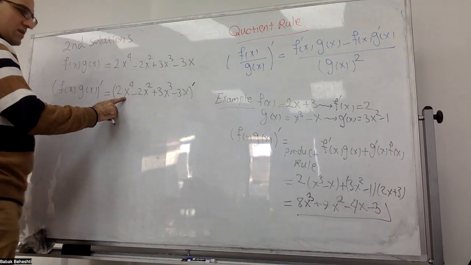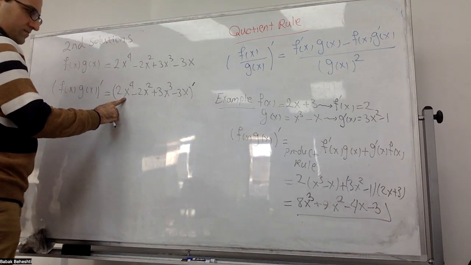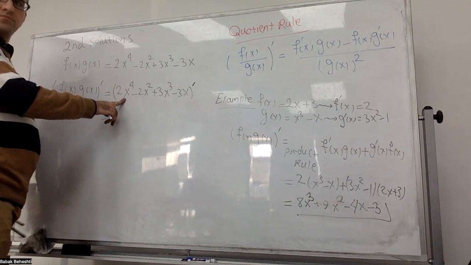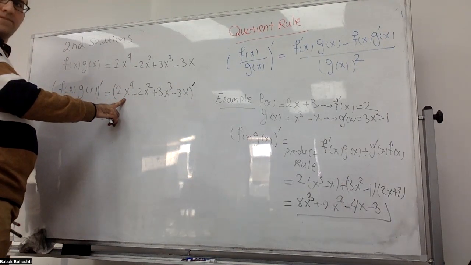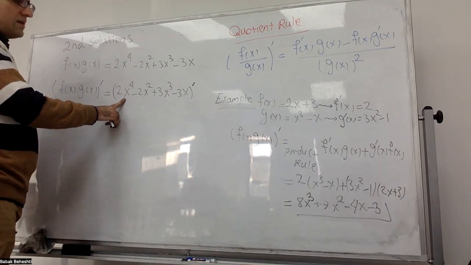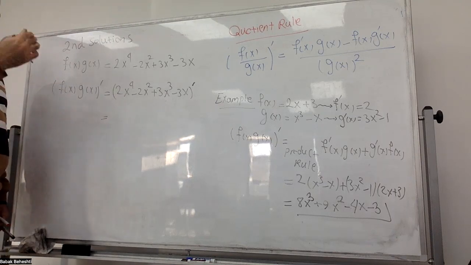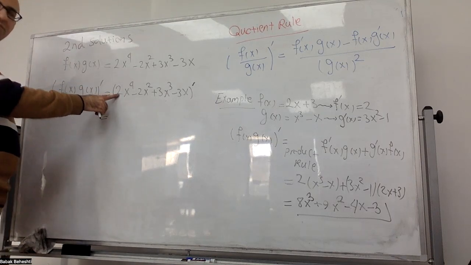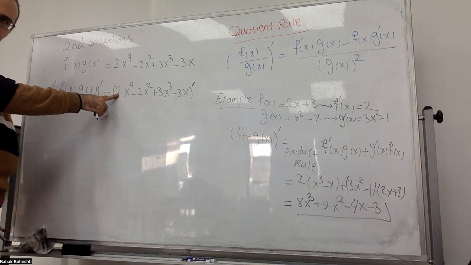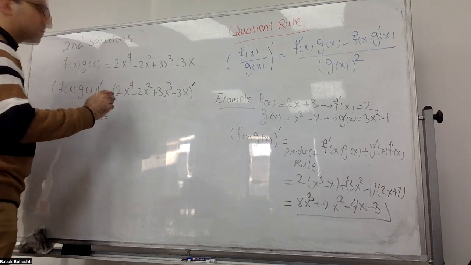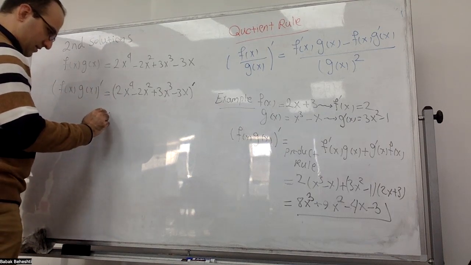Now let's compute the derivative of this guy. What is the derivative of x to the power 4? It's 4x to the power 3. But here you also have 2, so you have to multiply it by 2. It's 2 times 4. Exactly.